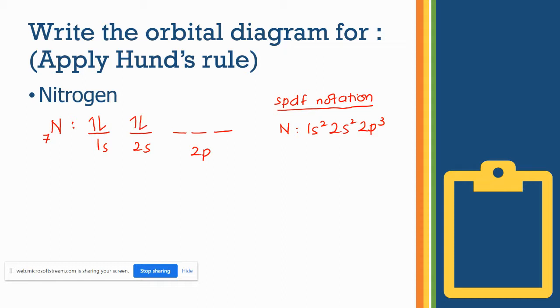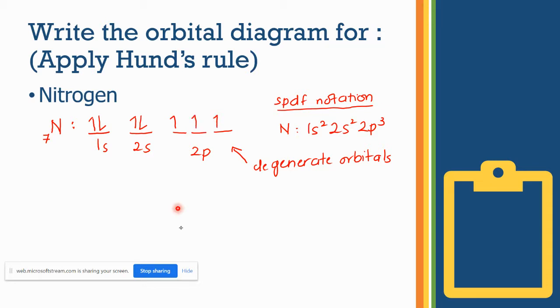Now, when it comes to degenerate orbitals, orbitals like P and D, we call them degenerate orbitals. We apply Hund's rule. The electrons are filled with parallel spin first.